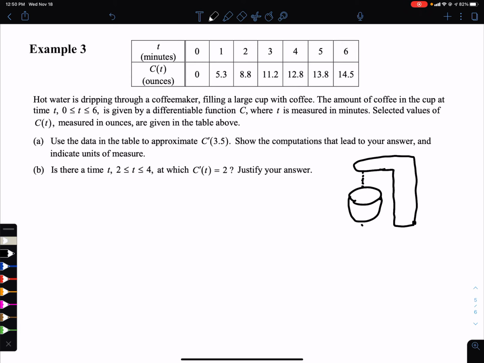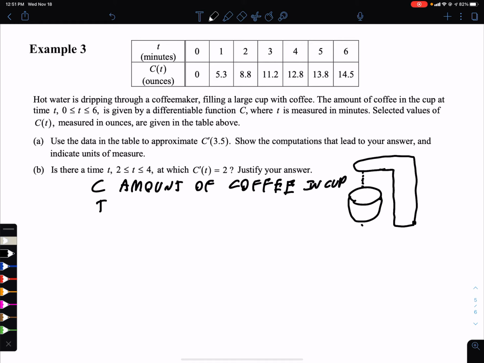And what do these things represent? Let's read this. The amount of coffee in the cup at any time is given by C. So C is the amount of coffee in the cup. It's important you understand what everything represents. And T is time in minutes. I should write that out.